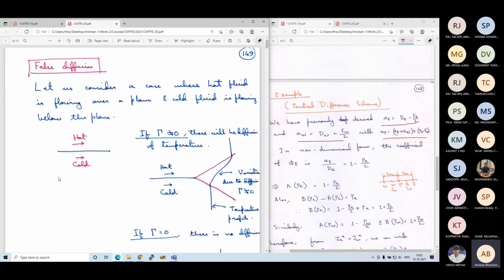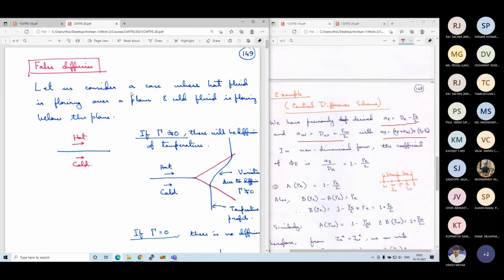Anyway, there is a phenomenon called false diffusion, which is sometimes encountered. We need to know what this is. It occurs in many cases, and it is a spurious diffusion. It means even if there is no diffusion, the calculations result in a sort of diffusion in the domain, because of numerical inaccuracy.